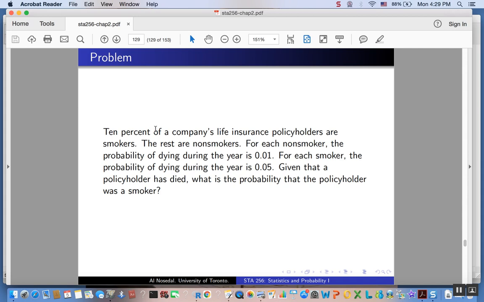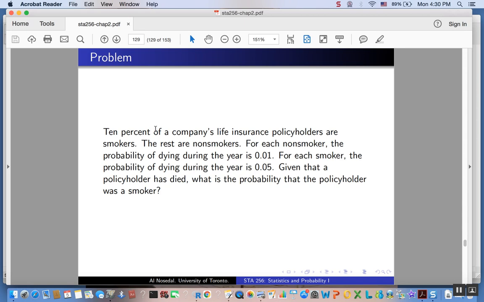It turns out that for a randomly chosen non-smoker, the probability of dying during the year is 0.01 or 1%. On the other hand, for smokers, the probability of dying during the year is 5%.